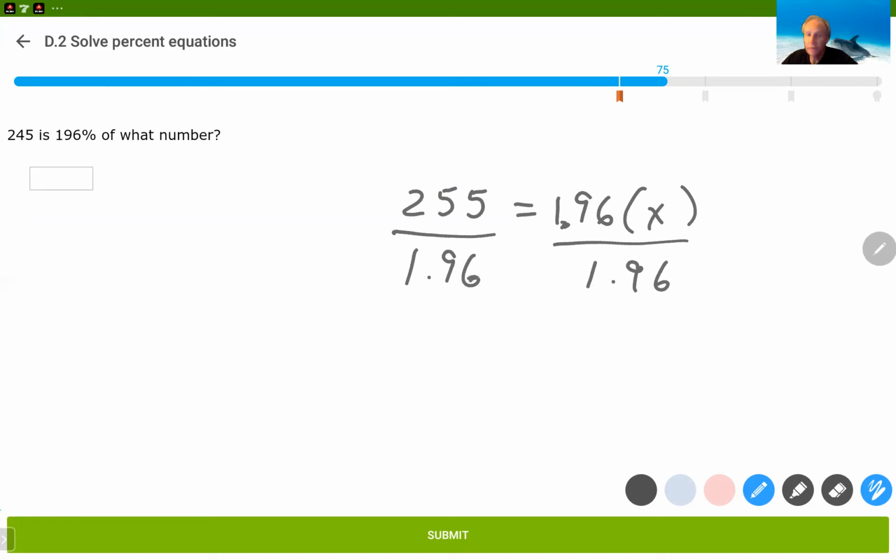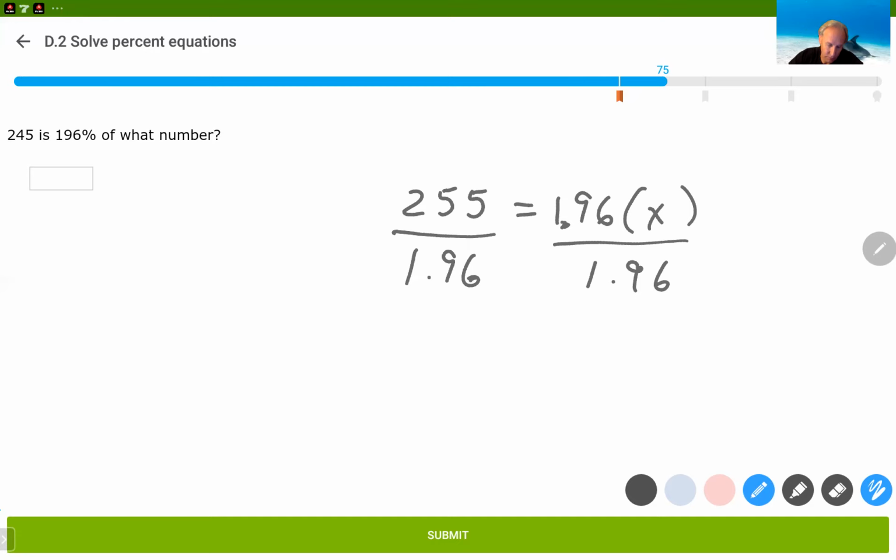This is one of the few cases where I would actually just grab a calculator. I could play with the numbers. 255 is divisible by 3. 196 is not, so it's looking kind of ugly. I'm going to go ahead and give it a try here and see what I get.